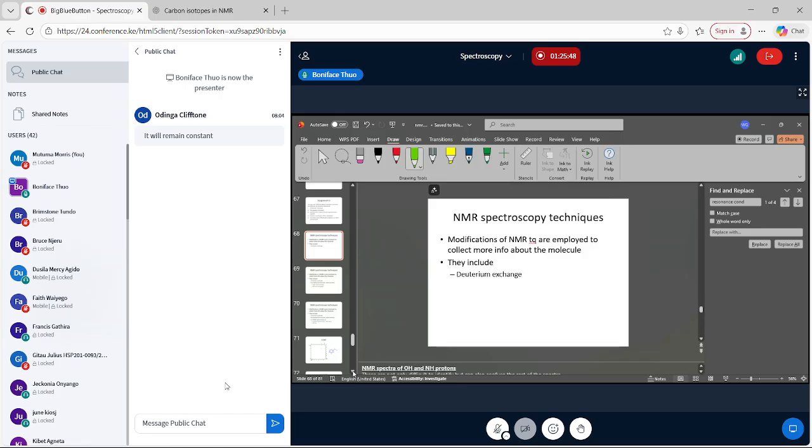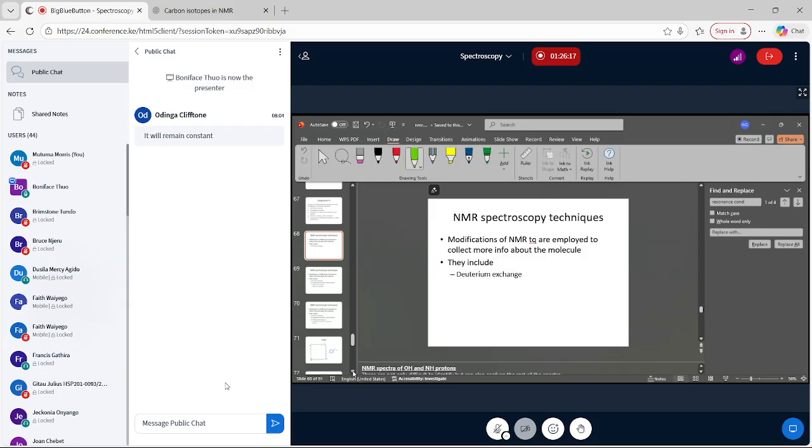And one of the ways is a chemical determination by using the deuterium exchange technique. And this is addition of heavy water or deuterium oxide. The deuterium exchanges with the proton, and because deuterium does not resonate at the same frequency, the peak due to a hydroxyl group or an exchangeable proton disappears from the spectrum when deuterium oxide is added.